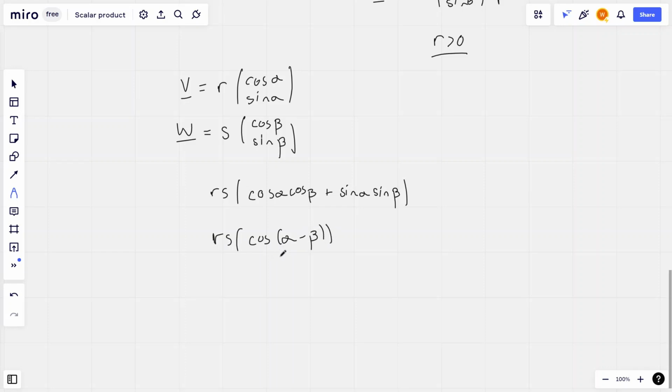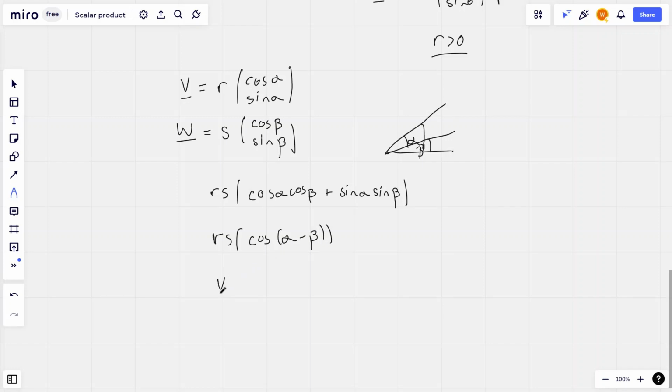So, what is alpha minus beta? We have some angle alpha, and we also have some angle beta. So the angle in between our two lines is alpha minus beta.